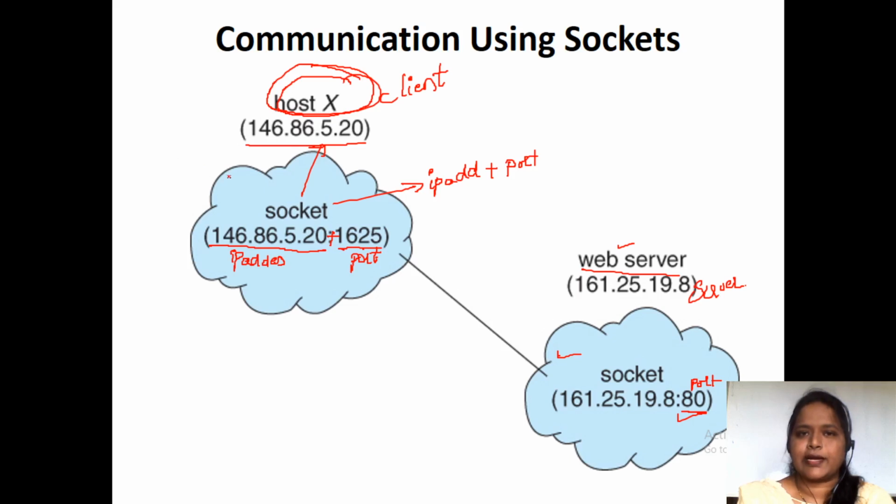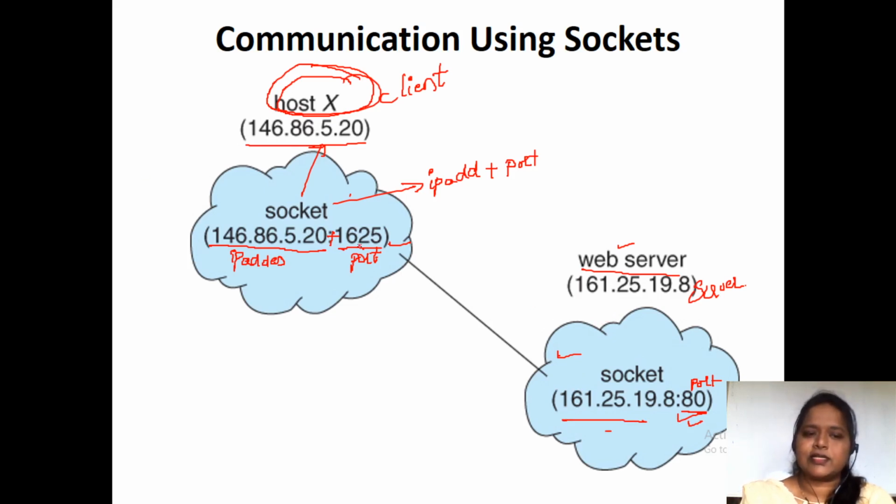If a client wants to communicate with the web server, it has to have its own port number. This is generated by the socket, and here also a socket will be there. So this web server has a particular IP address along with this particular port number.